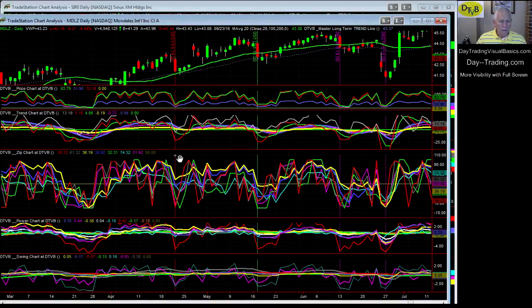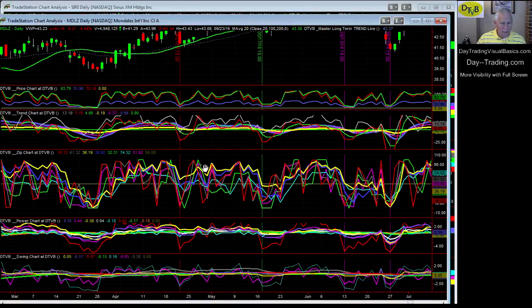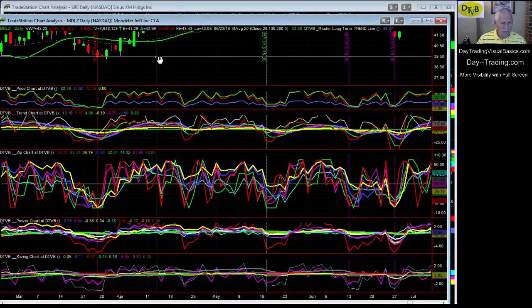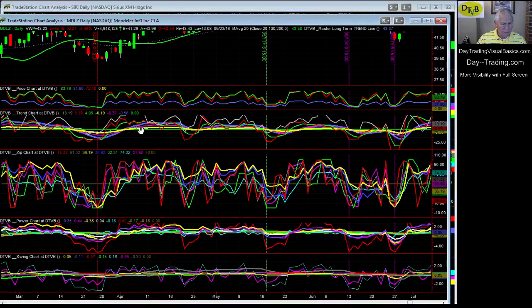Now, that being said, I want to compare one more by moving this line over, and we have a W pattern.